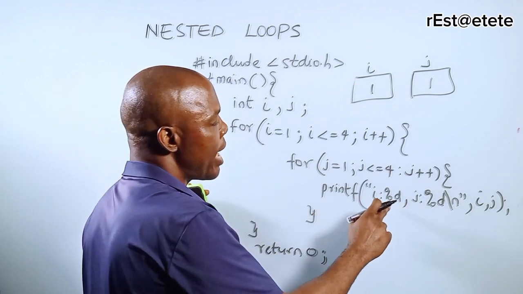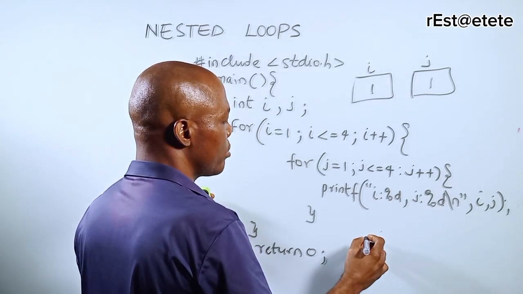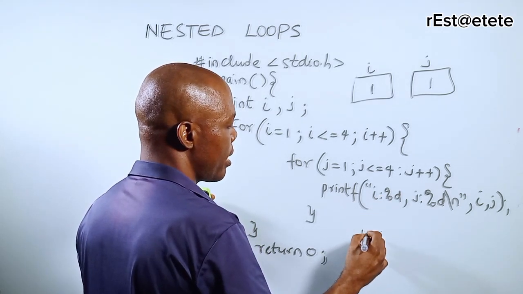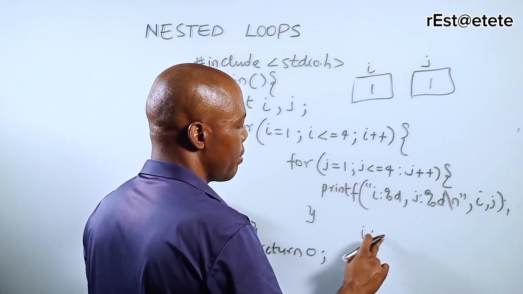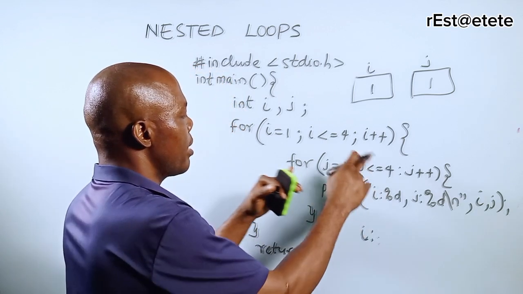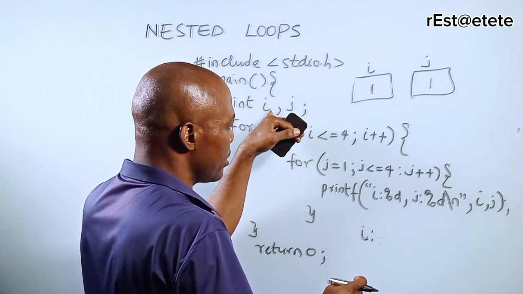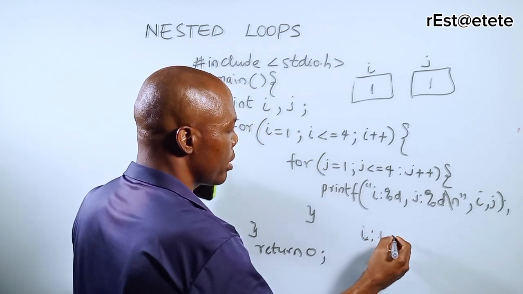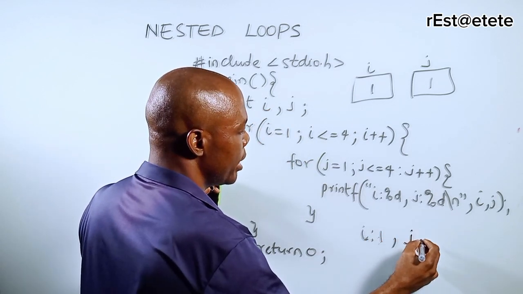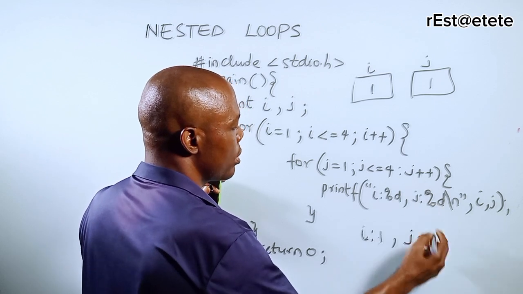It will print out I. I is 1, comma, J is what? 1.